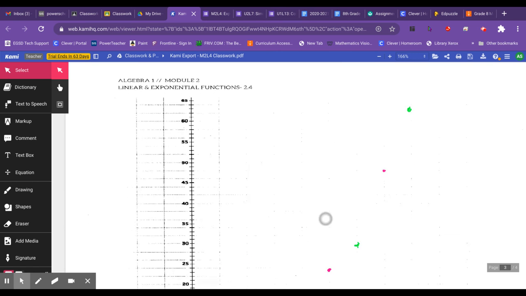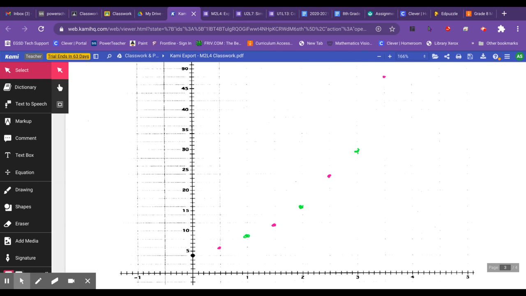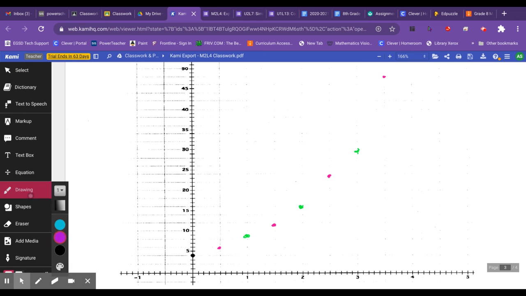And 4 times the square root of 2 equals about 5.6. So in purple, we're going to do half is about 5.6. So it's really close to that pink one.